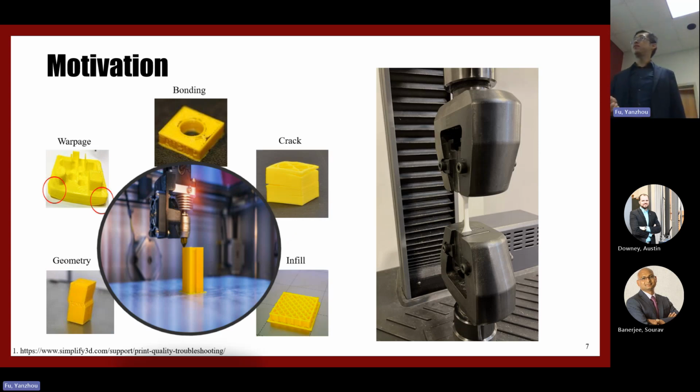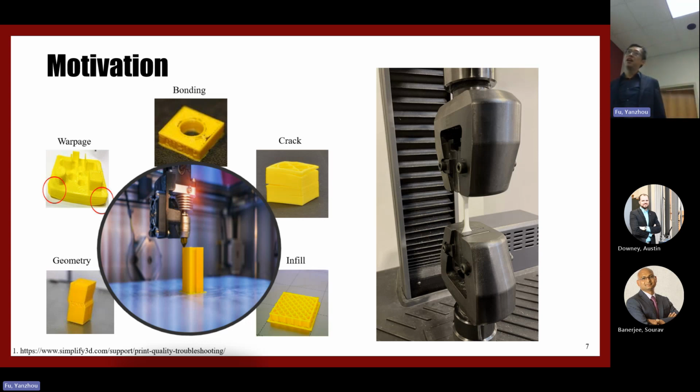Fused filament fabrication has unique features like cost effectiveness and the ability to build complex geometries. But based on previous research, there is a 20% failure rate for unskilled users. We may also make such failures in our printing process, like corner warpage, bonding gaps, layer cracks, and sometimes infill defects and geometry errors.